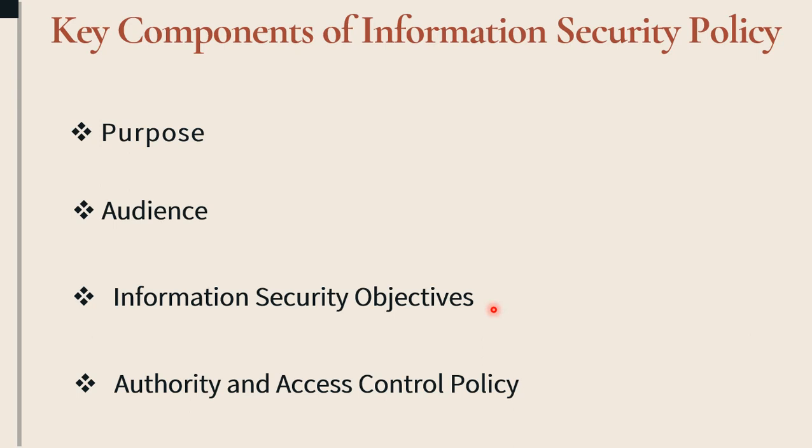Users should be able to access the information or that particular system whenever they need it. While framing the policy, we must look into the availability of the data to whoever we have given access, whether they can access it at any time, whenever they need. This is also considered in information security.